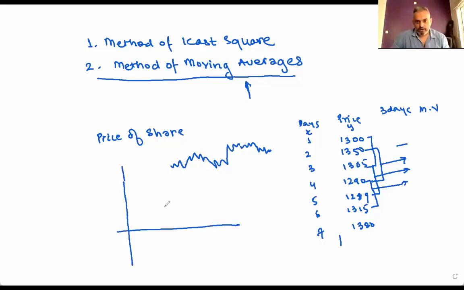I will plot price Y also, and I will plot these values also, and then I will see the trend. Is it upward moving? Is it flat? Is it downward moving? That is what we are going to see in the method of moving averages.